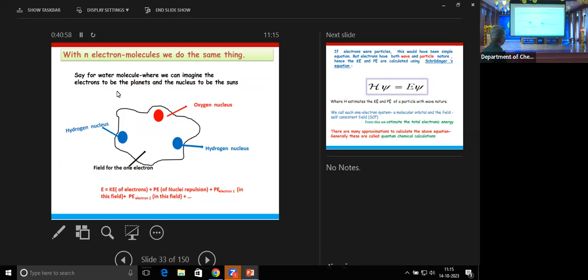And that is the total energy: the kinetic energy of the electron plus the potential, the nuclear repulsion, all that, for each one. And that is your molecular orbital energy, or the total energy, adding up the total energies of all the electrons. Okay, it's simple. So you just have to correlate.